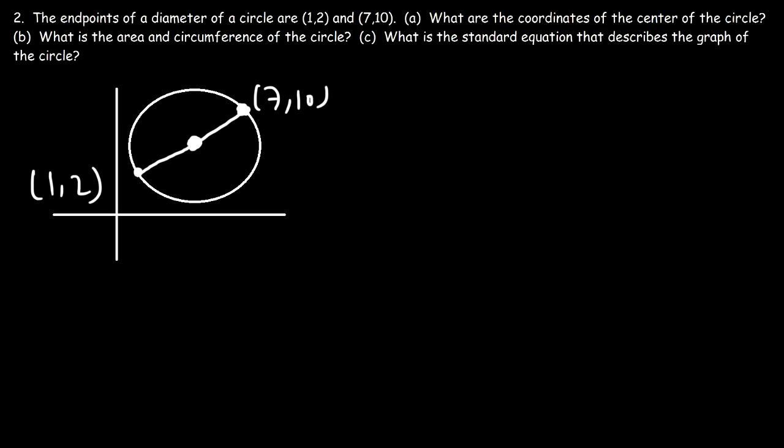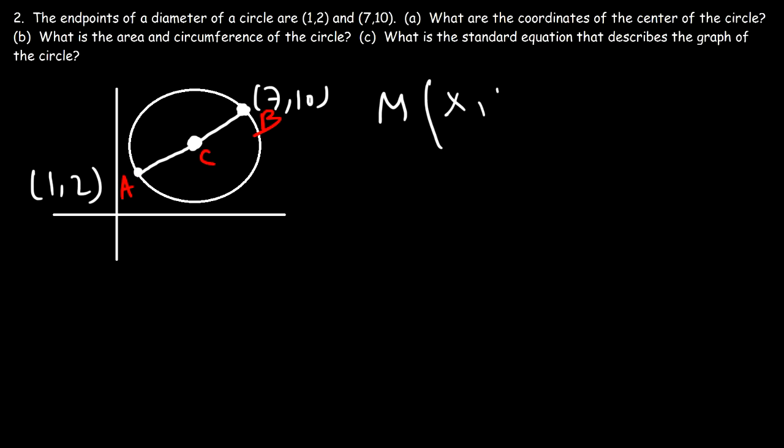So how can we identify the coordinates of the center of the circle? Let's call this A and B. Now what we need to do is we need to use the midpoint formula. And so the midpoint of A and B will give us the center C.